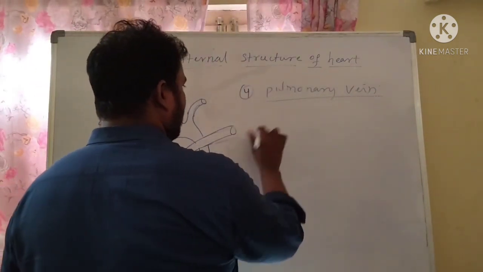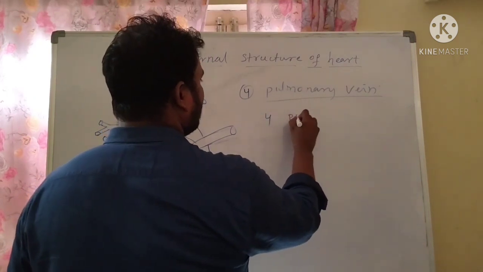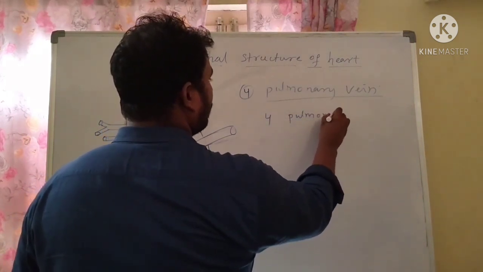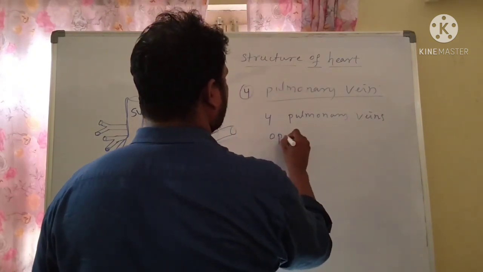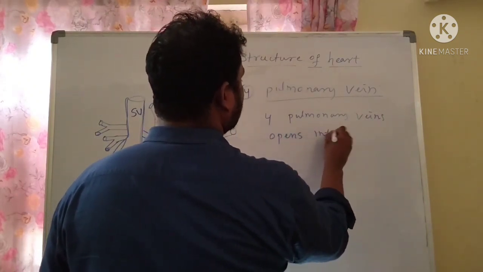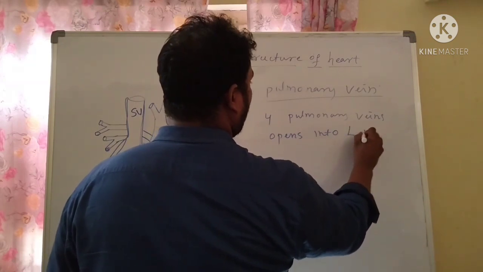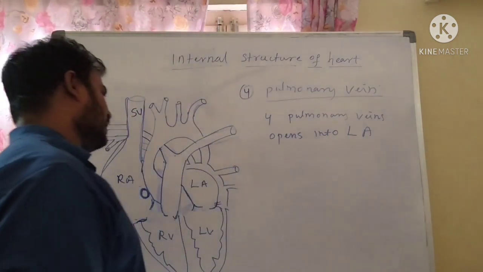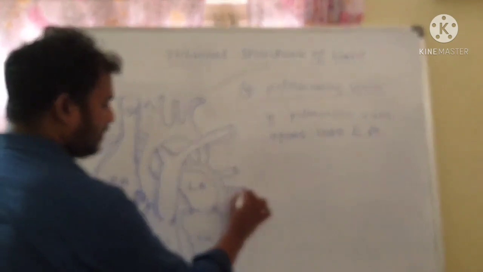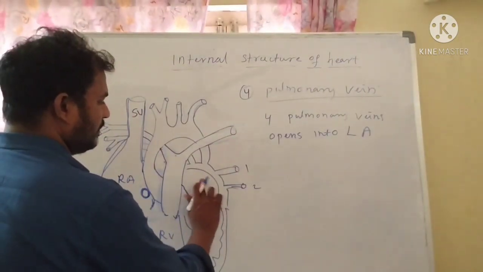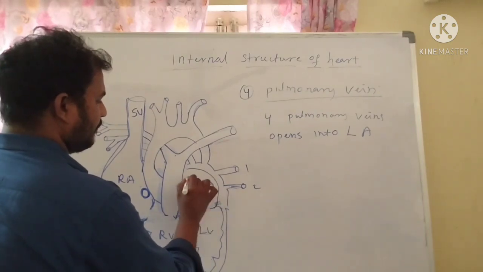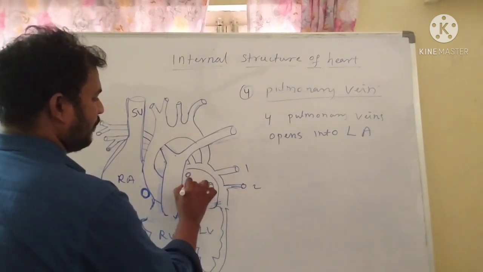There are four pulmonary veins, which open into the left auricle. See here, 1, 2, this is the left auricle, 3, 4.